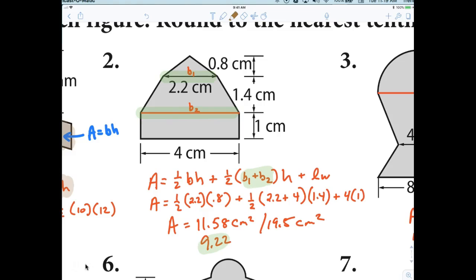That's what you're looking at. Everybody with me on this? I'm just trying to make you aware that the triangle is this guy right here, which is that formula. Then you have the trapezoid, which is this formula. Then you have the rectangle, which is this formula.